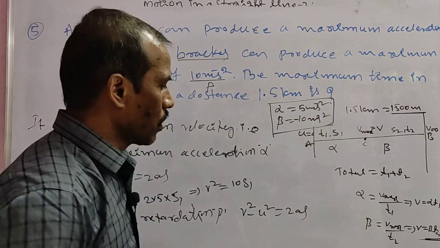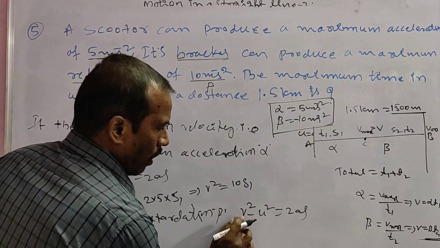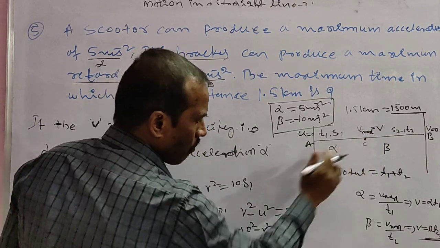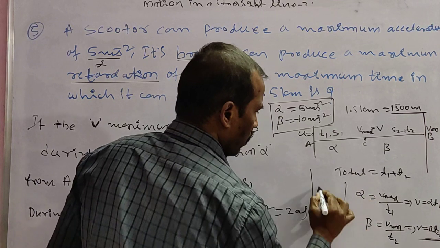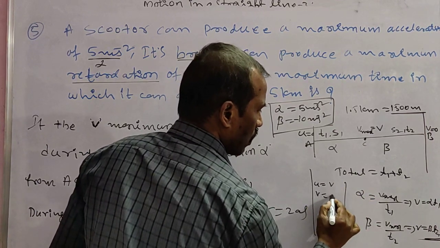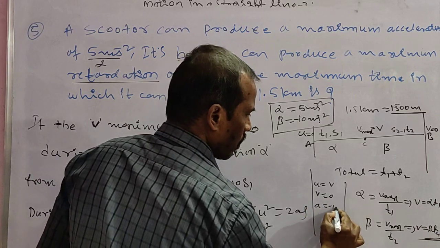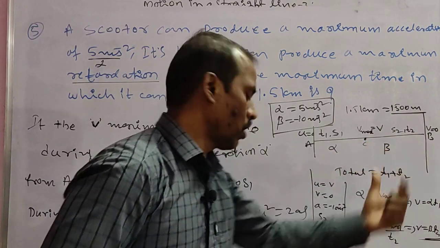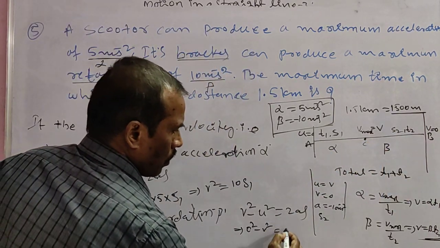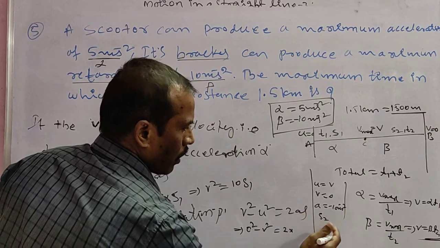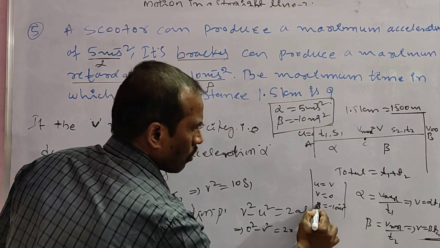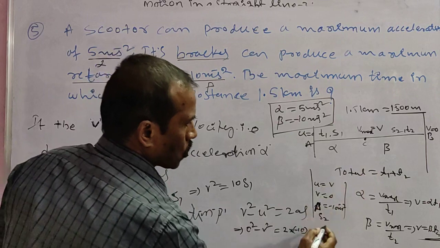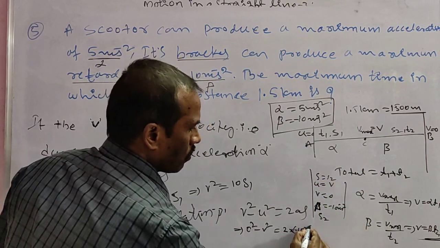Simplifying, 0 square minus maximum velocity V square is equal to 2 into beta, minus 10, into S, where S is the displacement S2.